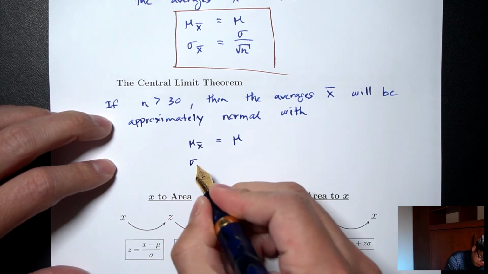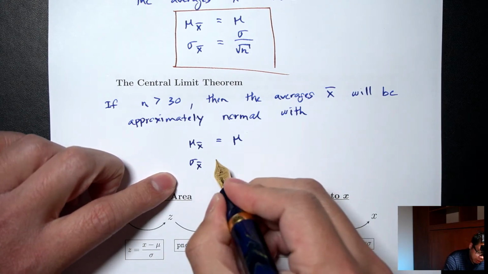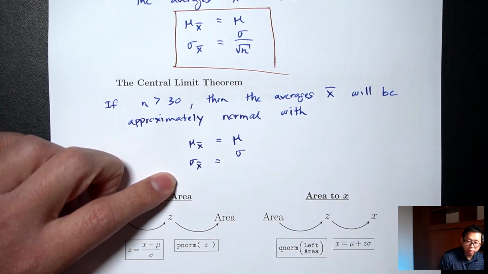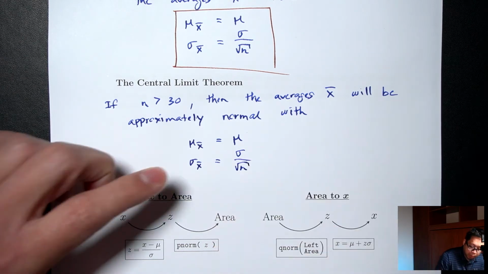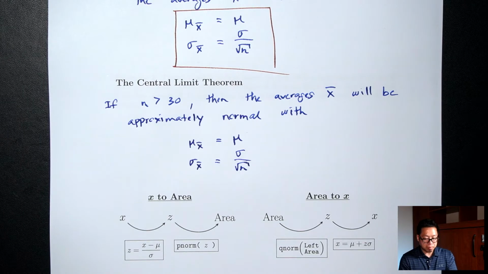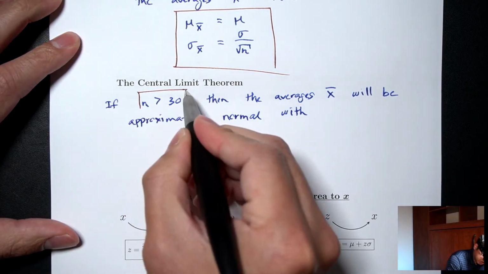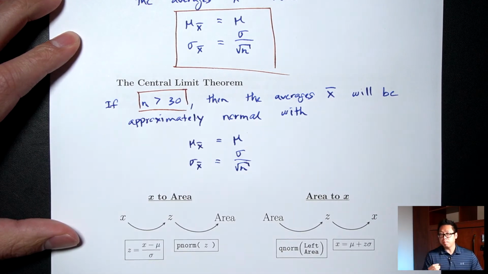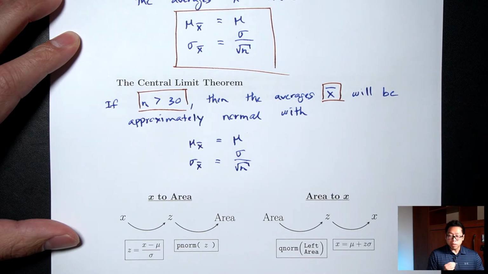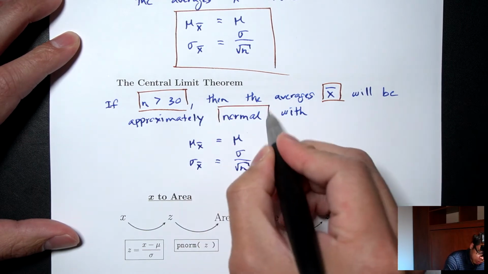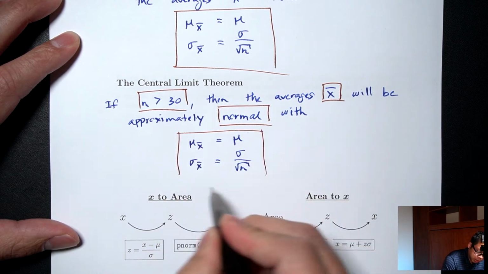The standard deviation of the averages, so standard deviation of the picture at the bottom, is the original standard deviation of the population divided by square root of n. Okay, if you pick a sample size big enough, bigger than 30, and look at the averages, those averages will be approximately normal, and it will have this mean and standard deviation.